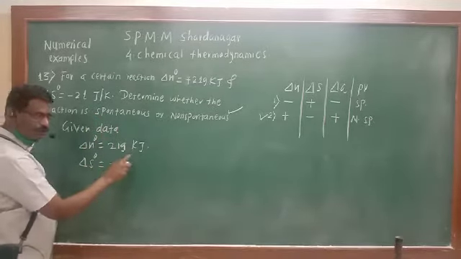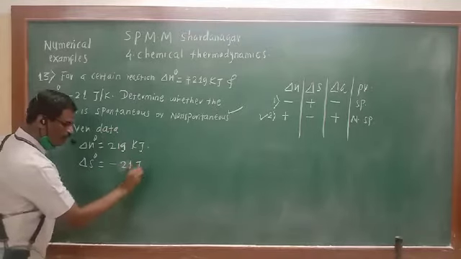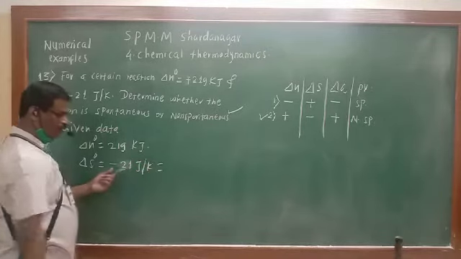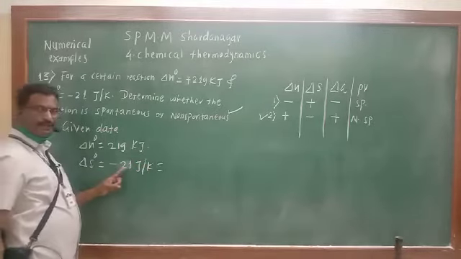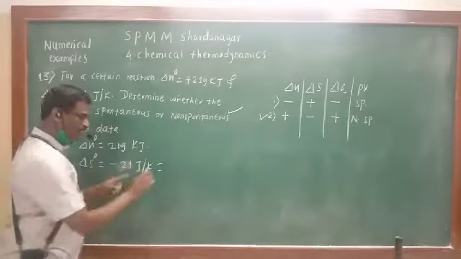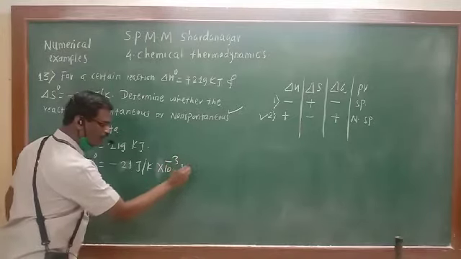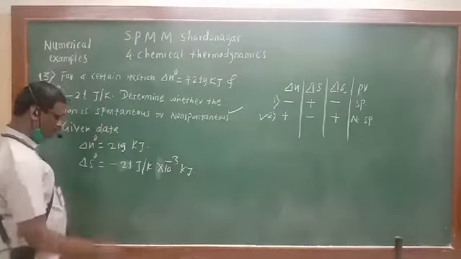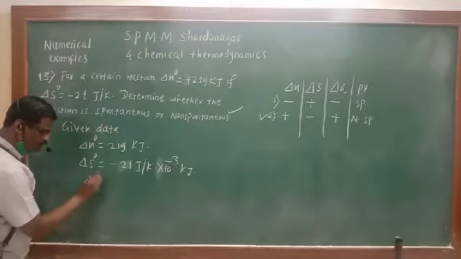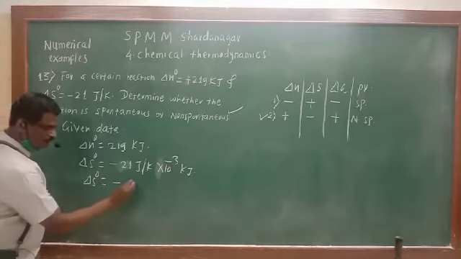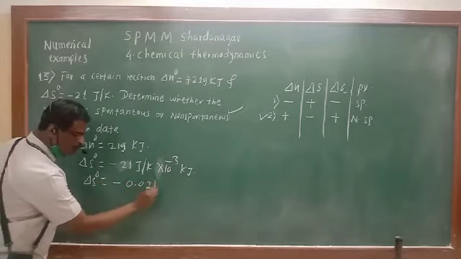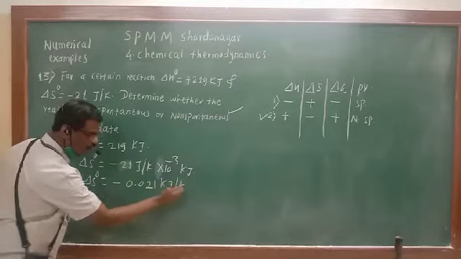This is kilojoule, this is joule. Therefore, convert this joule into kilojoule. Multiply it by 10 raised to minus 3. Whenever this is multiplied by 10 raised to minus 3, now it will be kilojoule. Therefore, delta S0 will be minus 0.021 kilojoule per degree Kelvin.